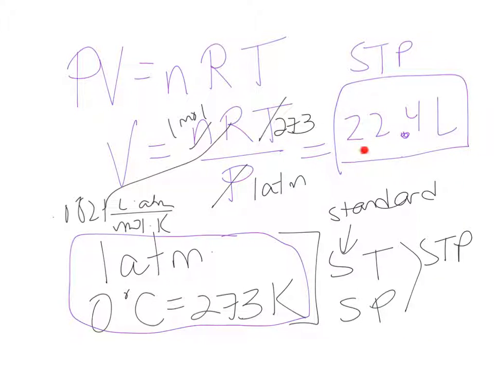So sometimes, instead of using this handy-dandy value, we have to use the whole gas law to figure out what volume is. And in that case, we'll do the same thing. We'll solve for volume, because if we rewrite what I just had there, you can see that the volume of a gas is directly proportional to the number of moles, and it's directly proportional to temperature, and it's inversely proportional to pressure.